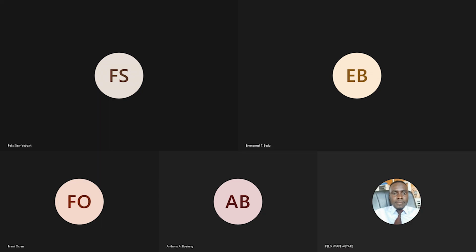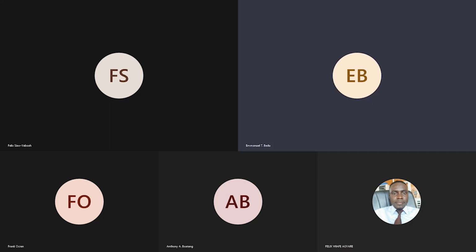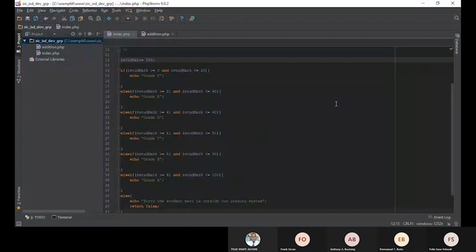Hello. Yes, please. What happens if maybe the max you have is 20.5? With this algorithm, the 20.5 will fall under the last one.